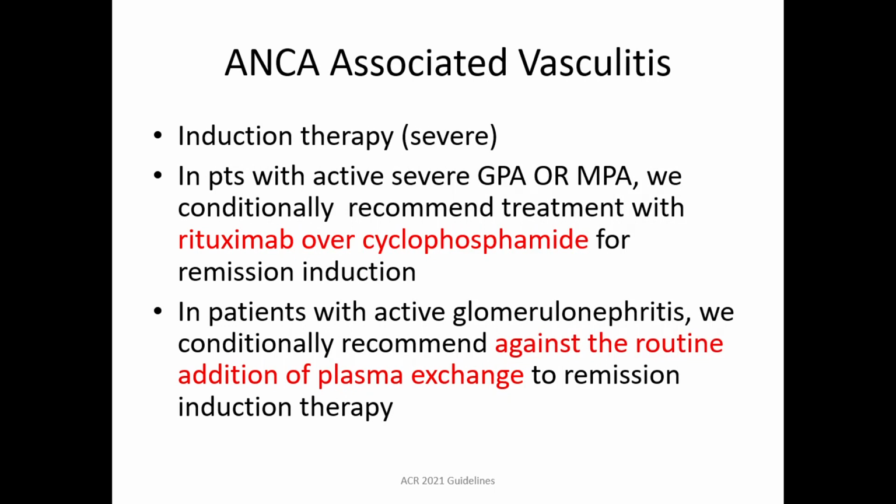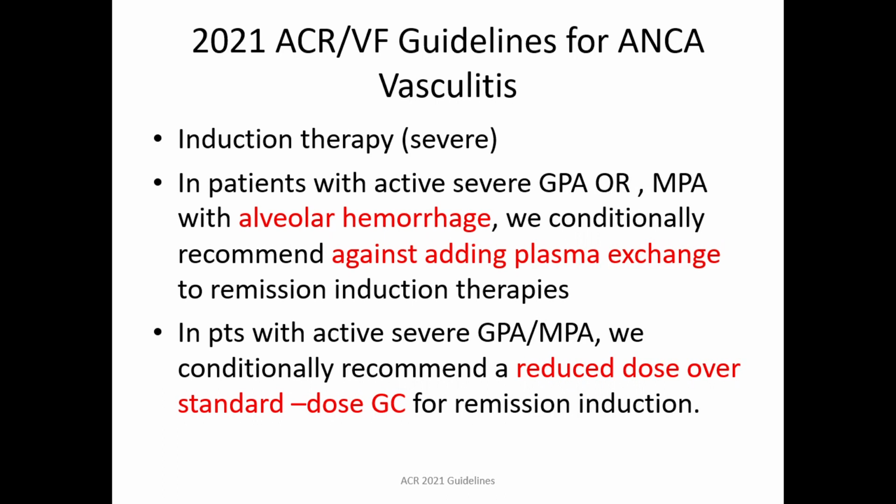In patients with active glomerulonephritis, the ACR conditionally recommends against the routine addition of plasma exchange. So again, going down the bottom of the list for the management of vasculitides. Induction therapy in severe cases with active severe GPA or MPA with alveolar hemorrhage, the ACR conditionally recommends against adding plasma exchange to remission induction.